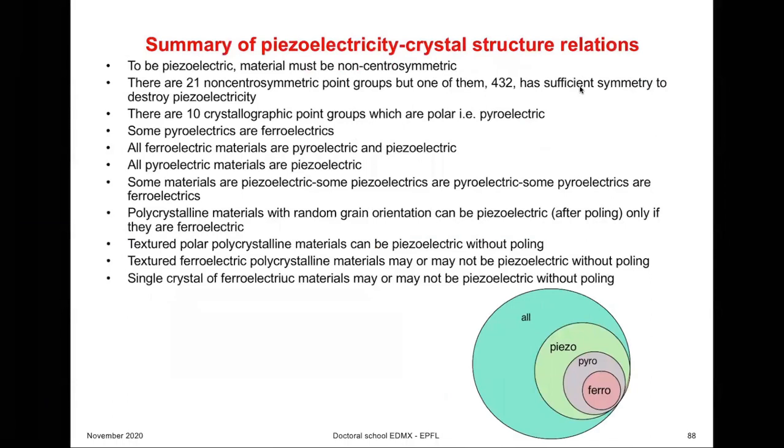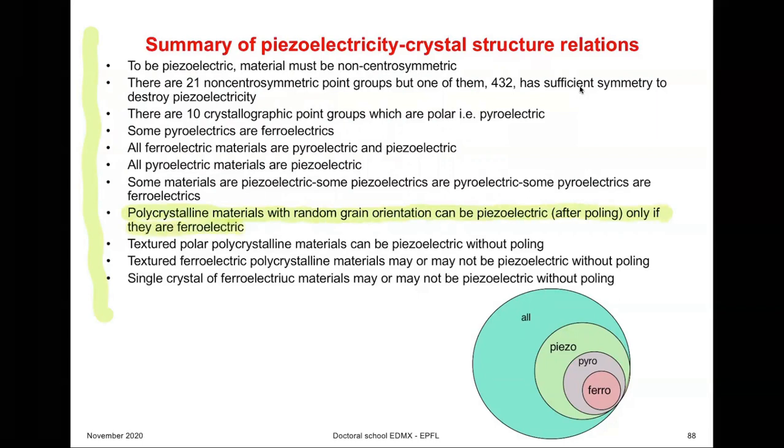So here is a list of symmetry and piezoelectricity relations, which you should really understand. This is a list of statements, and you should be quite clear what this means. So when I say a polycrystalline material with a random grain orientation can be piezoelectric after poling only if it is ferroelectric, why?